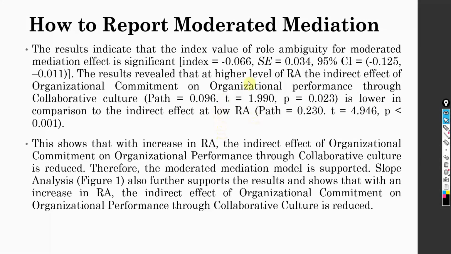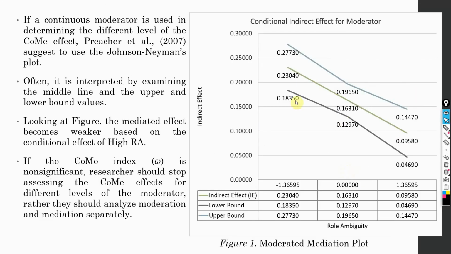So when your role ambiguity is low, the indirect effect is high. So this means that your role ambiguity negatively affects the indirect effect. That is, when you've got higher role ambiguity, the indirect effect of organizational commitment on organizational performance through collaborative culture is reduced.